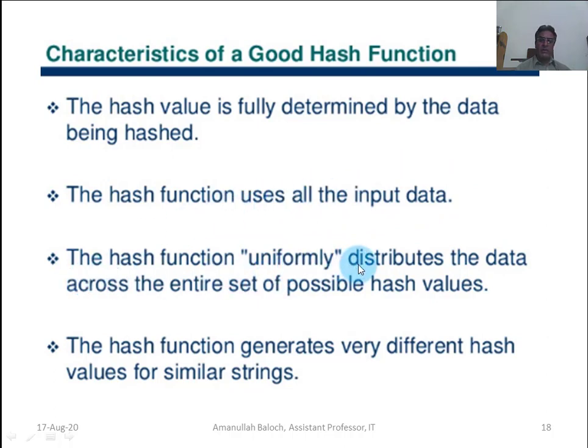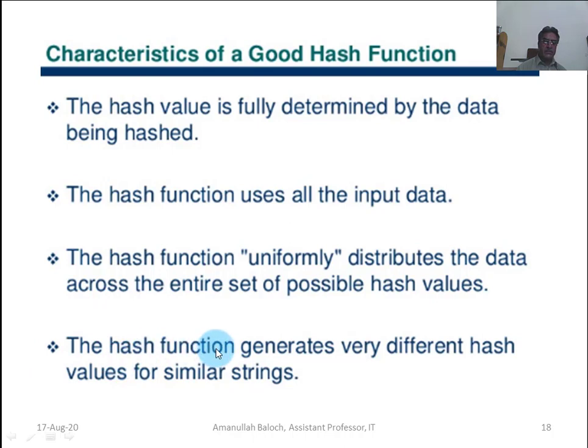The hash function uniformly distributes the data across the entire set of possible hash values. When we assign the largest prime value to the variable m, this largest prime value of m tries to distribute the data uniformly in the array while avoiding collisions.